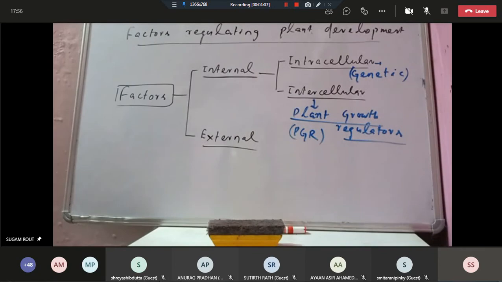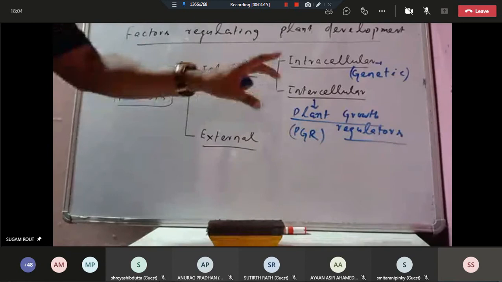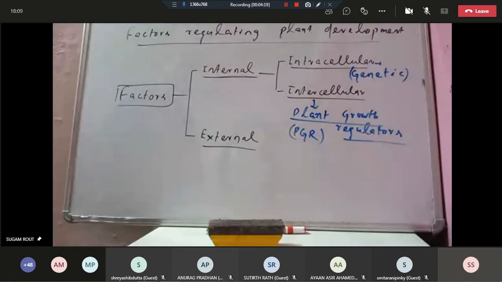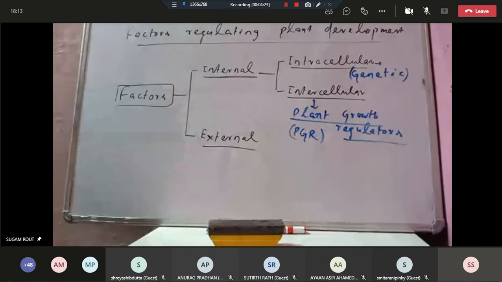So phytohormones are intercellular internal factors. I will go in detail about phytohormones or plant growth regulators later.